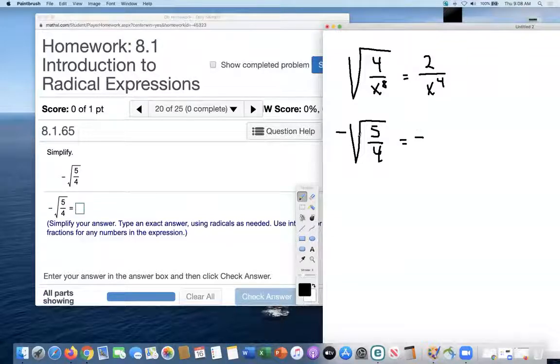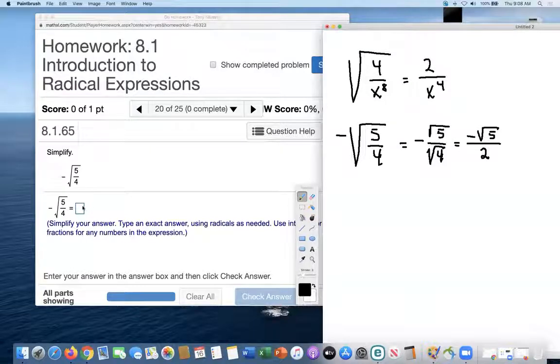All I can do, if you got 1 square root, maybe rip it apart, top and bottom, into separate square roots. And then what do you got? The square root of 4 is 2. Minus, can't do anything with square root of 5. That's what the answer is. See?